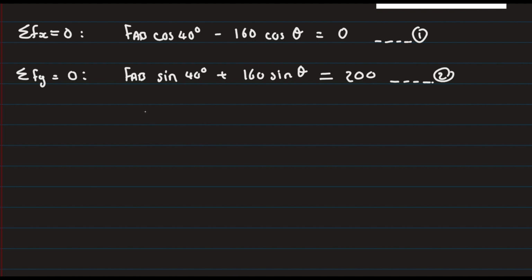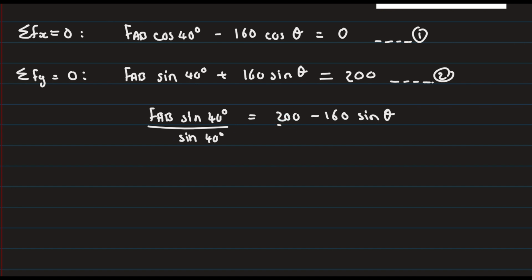We can take this term to the other side, so we have AB sine of 40 degrees is equal to 200 minus 160 sine of theta, and we divide both sides by sine 40 degrees.